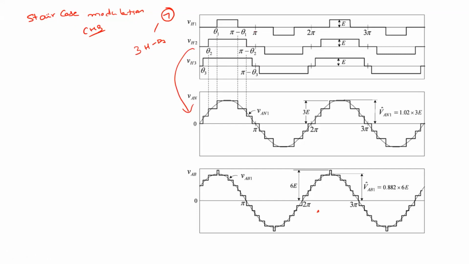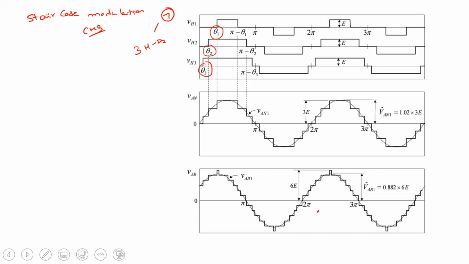If we add all these, VH1 plus VH2 plus VH3, this is the combined output, right? Inside that you have this fundamental of this waveform. Now our objective is to find out the values of theta 1, theta 2, and theta 3.